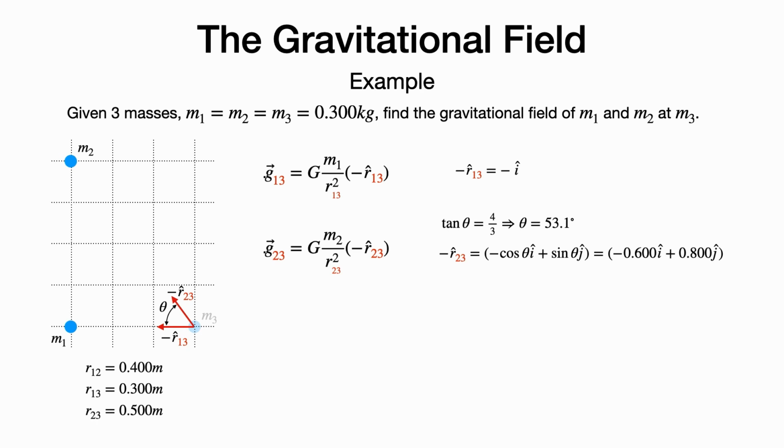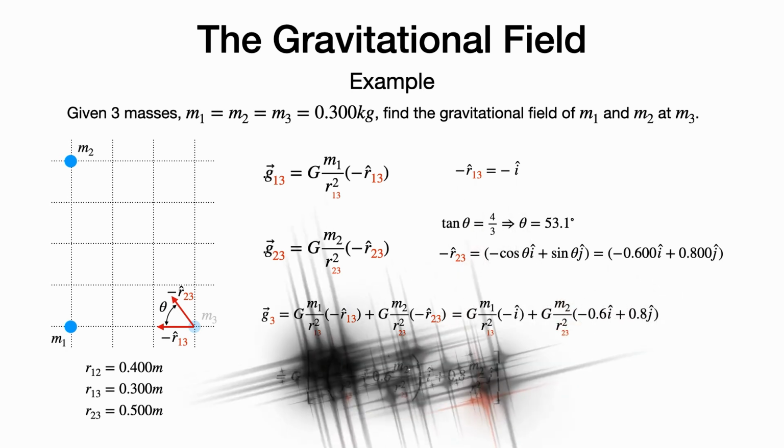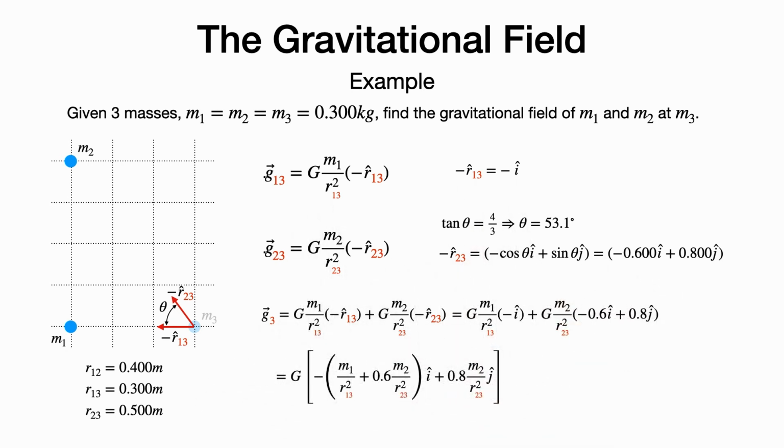Again, the direction of the vector field is going to be in the same direction as the previous force. We simply don't have to include the mass m3 in the calculation. So we put the pieces together again as we did before, and we can easily calculate the gravitational field at position 3. And if we multiplied our result by the mass of m3, we would get the gravitational force. But here, what we want is the gravitational field.